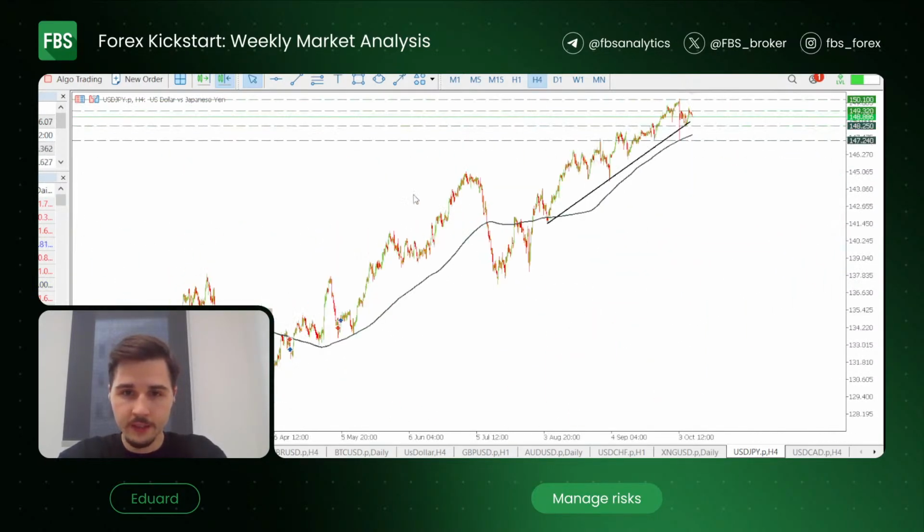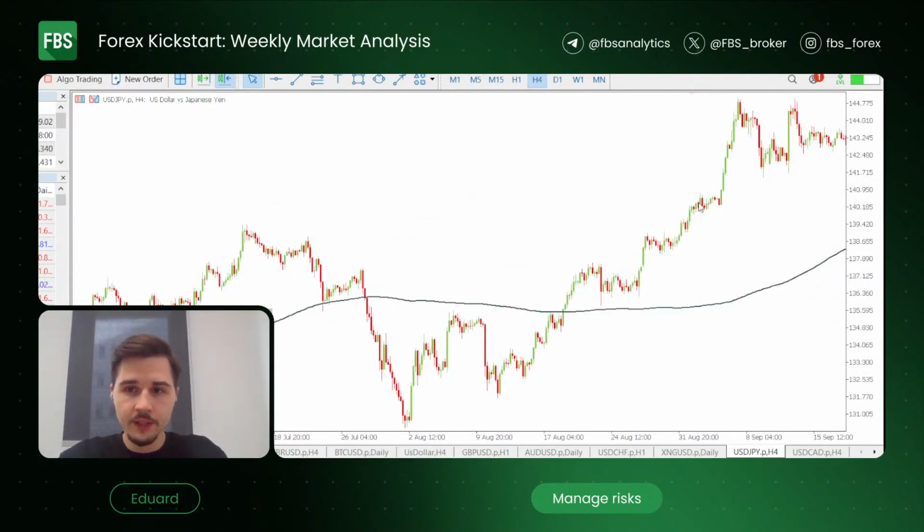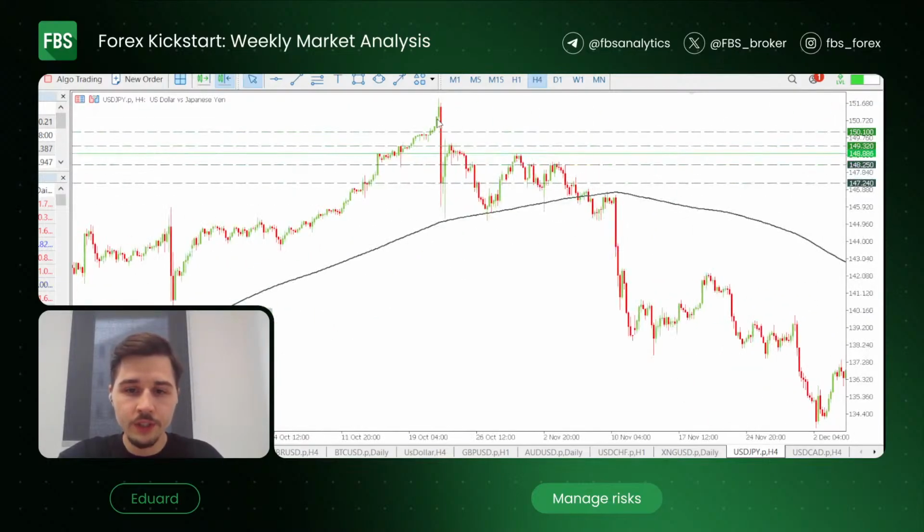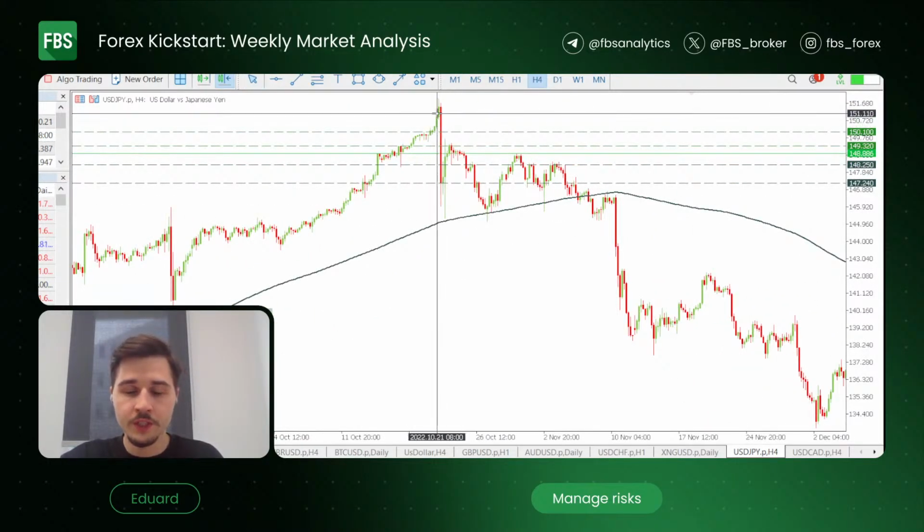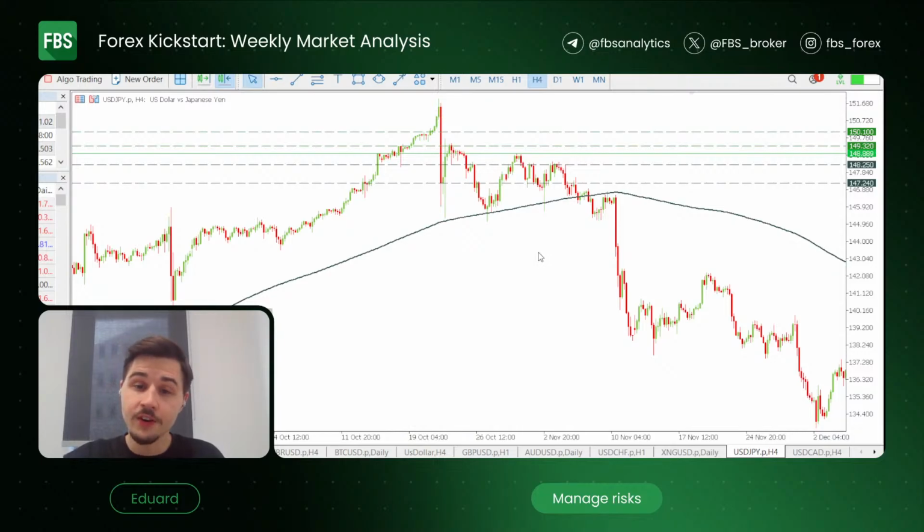The previous time the Bank of Japan started interfering was in October 2022, almost exactly 1 year ago. The bank started pushing the JPY price up, so USD JPY down, and then the downtrend continued almost instantly.